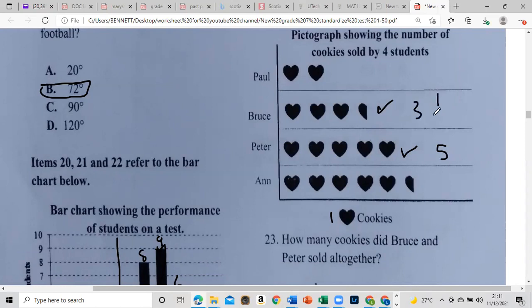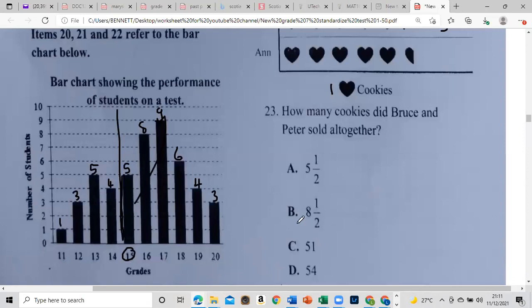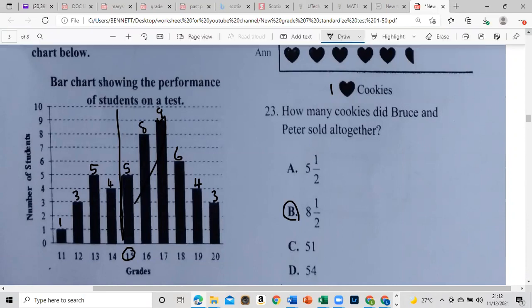So add these, as they say, all together. You add them, 3 and a half and 5. That's 8 and a half. And it is in there. I don't know how they get that, because at the end of the day, they never give you the key for the cookies.